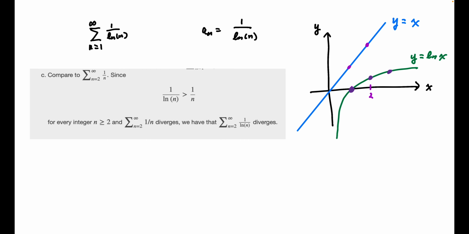And then we're going to let those y values be A1, and then A2, and then A3. And then our sequence of A's is the reciprocal of these.